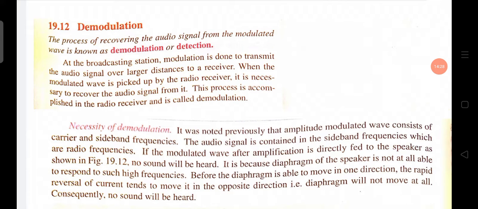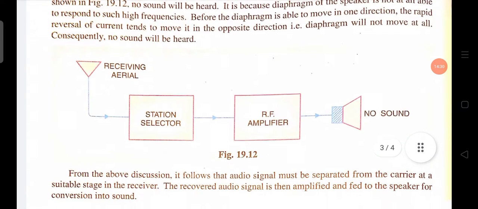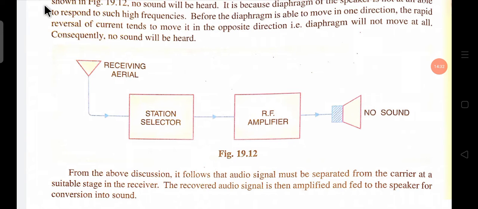And the necessity of demodulation also. Here you see the process of demodulation, or demodulation circuit. First the receiver aerial, or antenna, receives the signal, and after that the station selector. You know, in a radio there is a station selector, which selects the required frequency range.